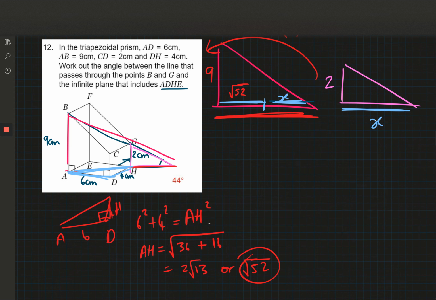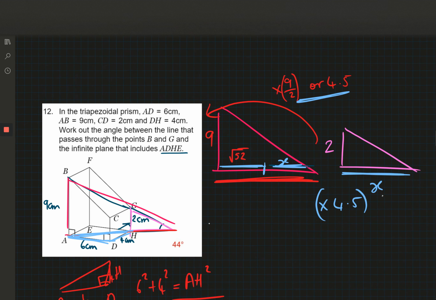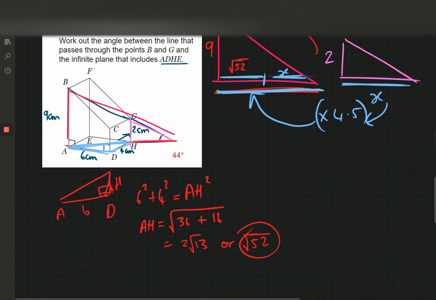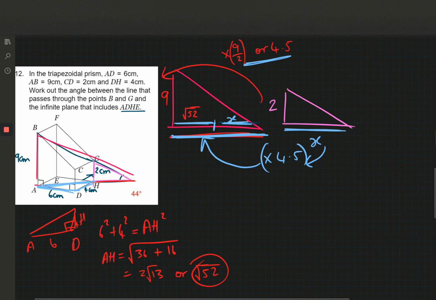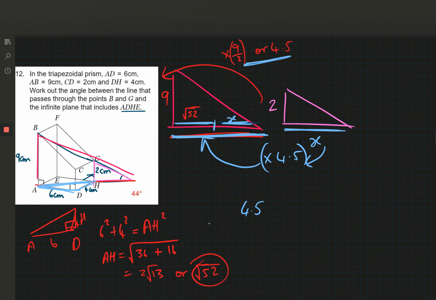So I know that when I multiply x by 4.5 or 9 over 2, that's from the scale factor from before, I end up with root 52 plus x. So now we just have a simple number rearranging to do here. So you can say 4.5 times x, or in other words 4.5x, is equal to, we don't really need the brackets, but I just want to make a point that they're together, root 52 plus x.